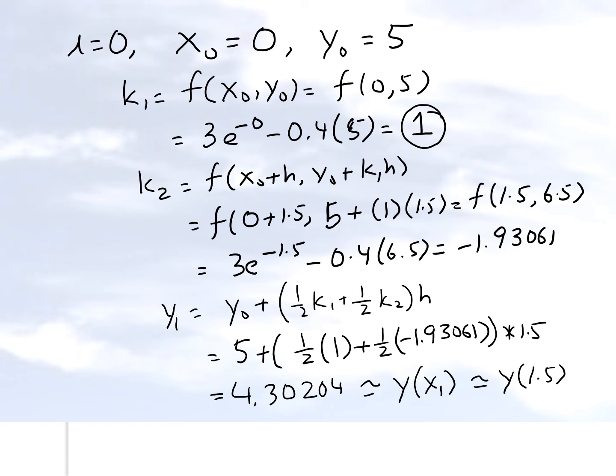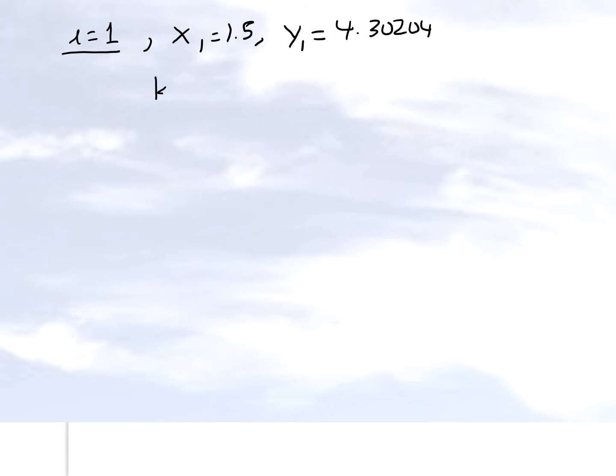So now I found y1. I will conduct one more step to go to y2. So in order to find the y at x equal to 3, we now say i is equal to 1, x1 is 1.5, and y1 we just found out to be how much? 4.30204. And the question now is how to find y2. So again, we will find k1, which is given by this.